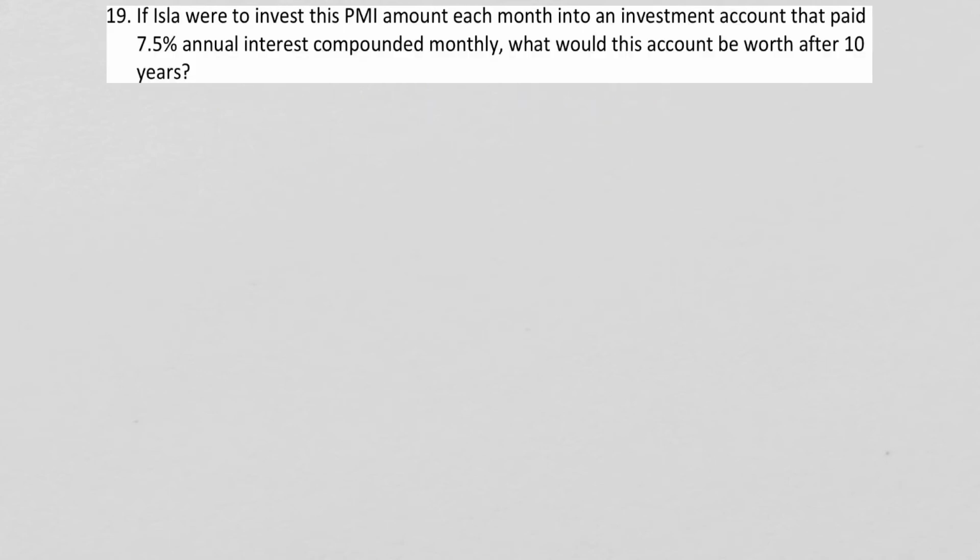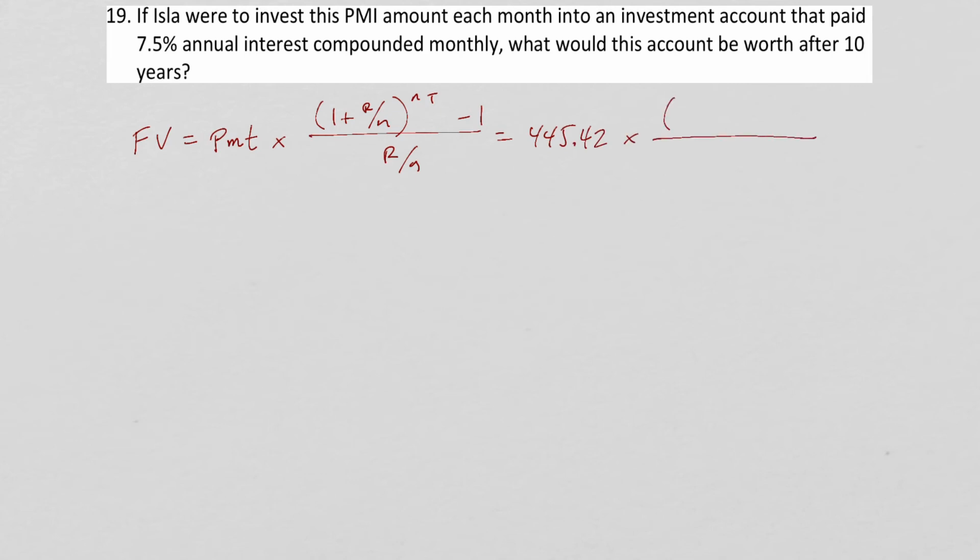Okay, if Isla were to invest that $445 of private mortgage insurance each month into an account that bore interest, the question is, how much is she really losing out on? The future value is equal to your payment times 1 plus R over N to the NT minus 1, over R over N. So this is going to be equal to 445.42 times 1 plus the rate.